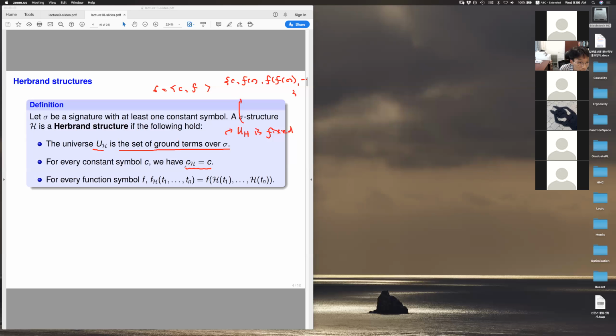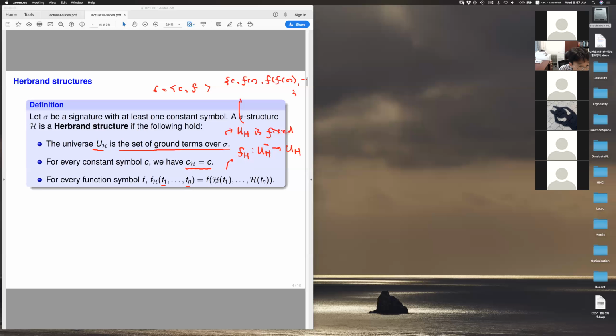And then for function symbols, the interpretation F_H has to be a mapping from U_H to the n-th power into U_H. So if it takes n ground terms, t1 up to tn, which are the parameters of this function, it will produce a new ground term.